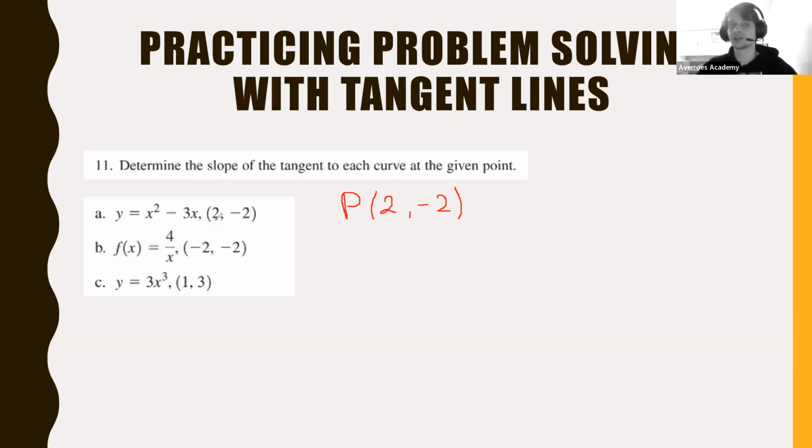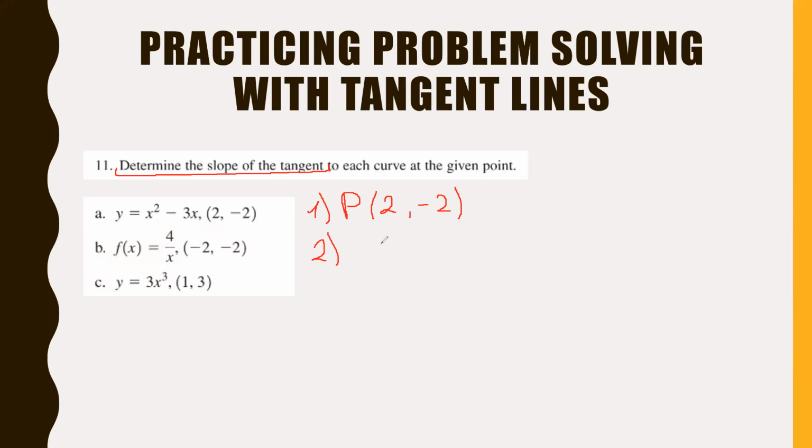Now we need to determine the slope of a tangent. So once we hear the words, determine the slope of the tangent to the curve at a specific point, the first step is to find the point, and the second step is to write down the formula for the tangent at a point.